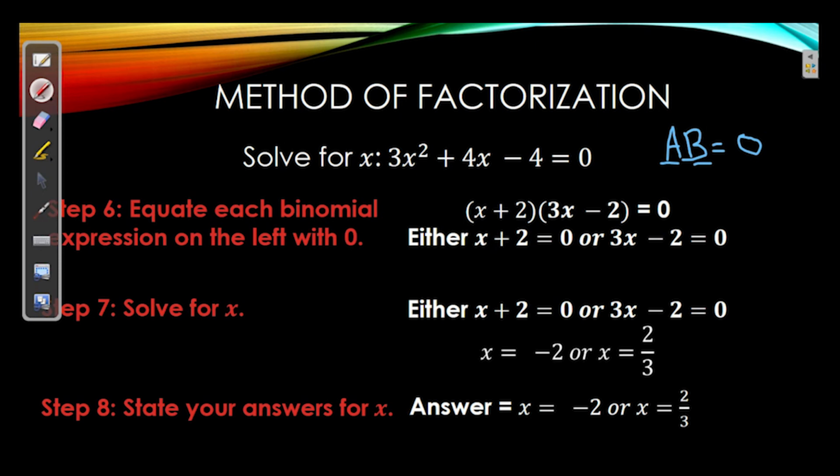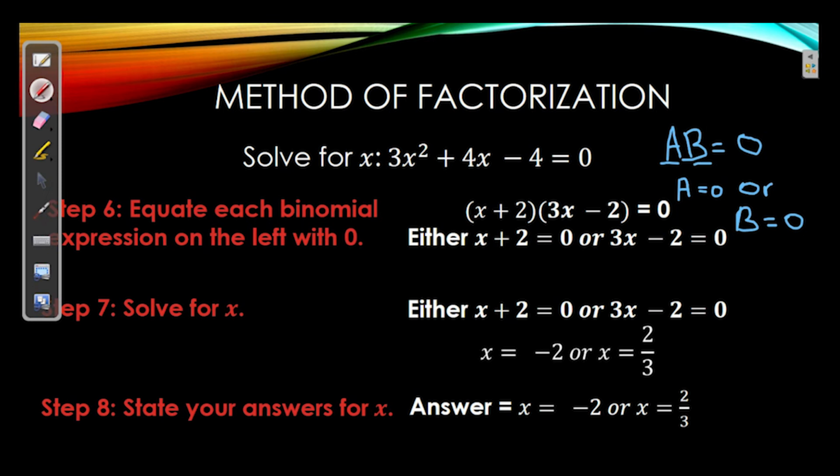That is, if A is equal to 0, the product could be 0, or if B is equal to 0, this product will also be 0. So essentially, when you have a product that is equal to 0, either one of the terms can be 0. And this is the reason we approach solving a quadratic through a factorization method like this.